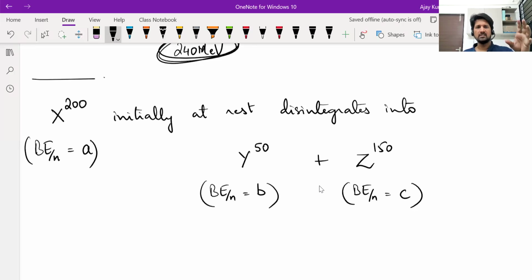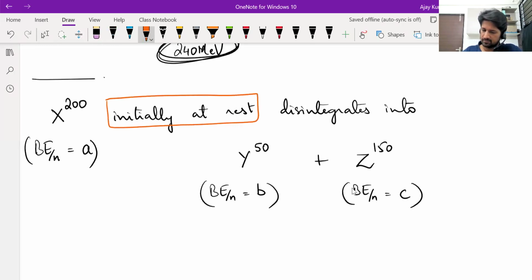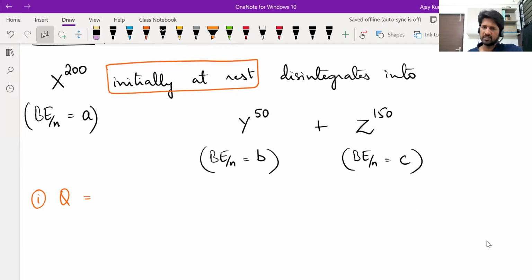Okay, so you know what is the reactant, you know what are the products. And it is told to you that X200 is initially at rest. So I want you to find out first thing, the energy released in this reaction. Answer will be in terms of A, B, and C. And you know the released energy will appear as the kinetic energy of the daughter nuclei, or the new nuclei that are formed.